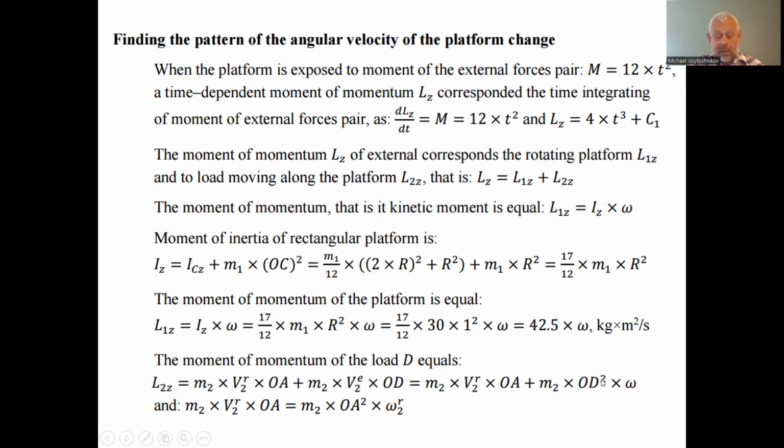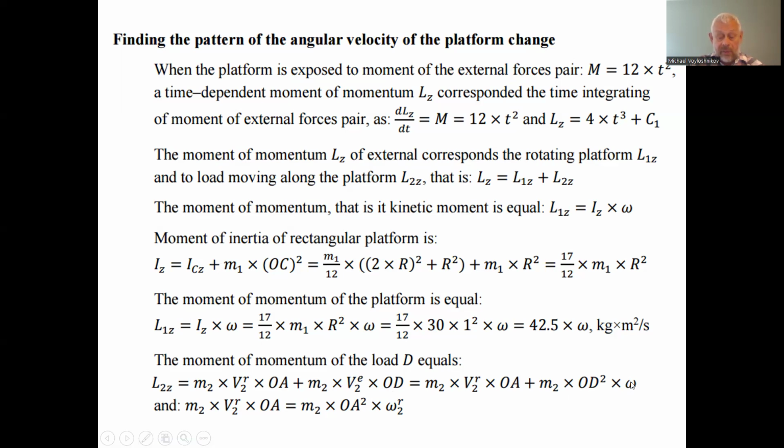And because we have the squared OD, the second OD comes as a factor here in this second summand. This comes from the definition of the translational velocity of the transfer motion as a product of OD by the angular velocity.